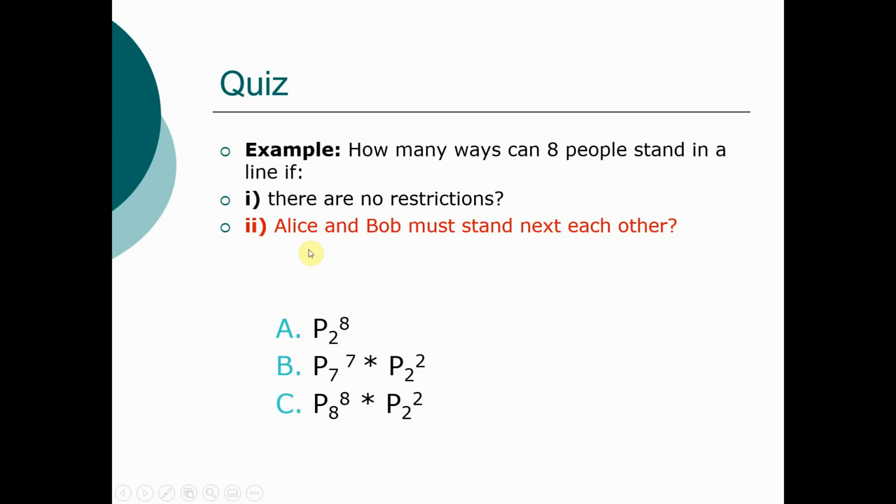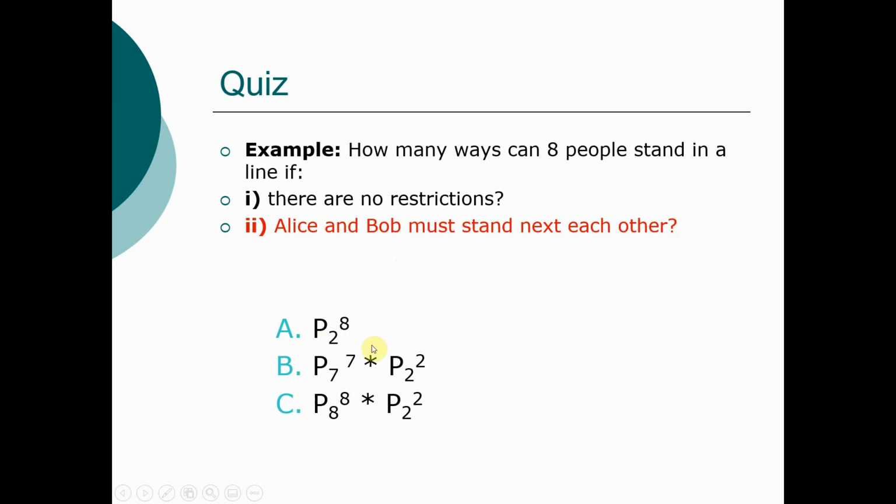However, what we didn't consider is that Alice and Bob are 2 people, so they also can have permutation. Alice can be standing on the left of Bob, or on the right of Bob. So it can be Alice Bob or Bob Alice.